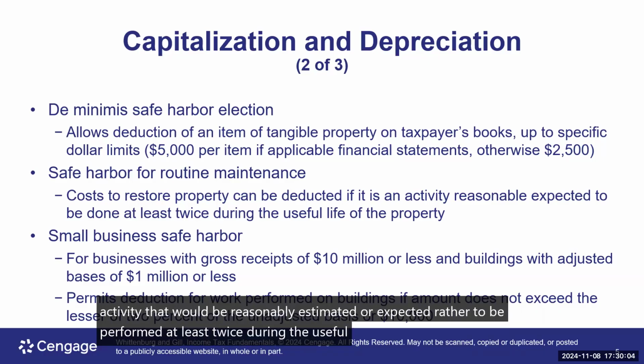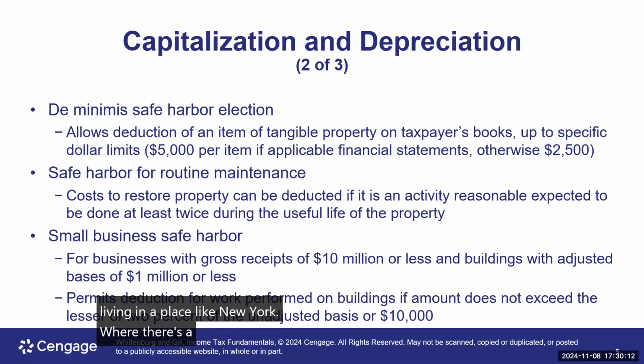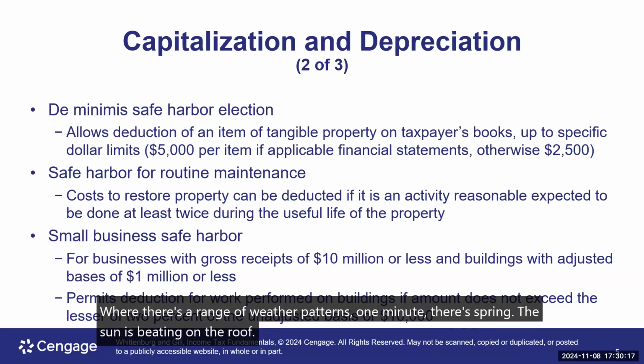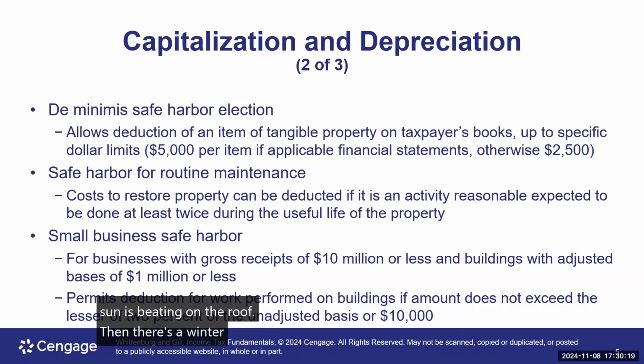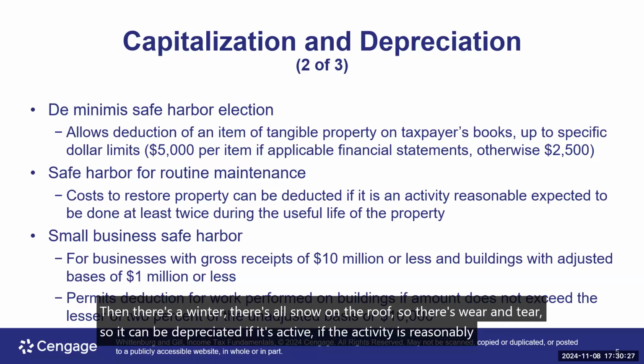So again, think of a home, the roof, there's wear and tear, especially living in a place like New York, where there's a range of weather patterns. One minute there's spring, the sun is beating on the roof, then there's winter, there's snow on the roof, so there's wear and tear. So it can be deducted if the activity is reasonably expected. All right, we know there's wear and tear.